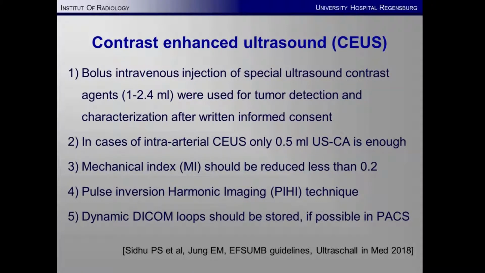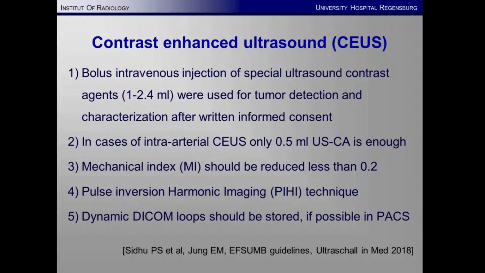What does contrast-enhanced ultrasound mean for you? Normally, we use a second-generation contrast agent. We don't use as much contrast agent as we do for CT or MRI. For TACE monitoring, you only need up to 0.5 milliliters of contrast agent.